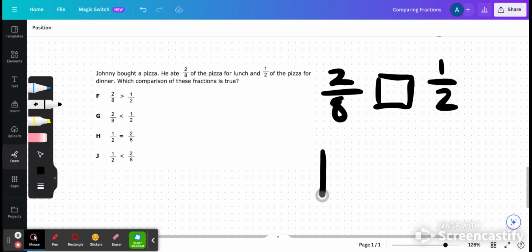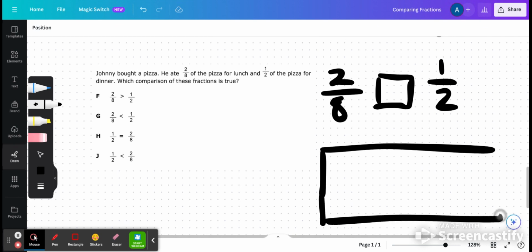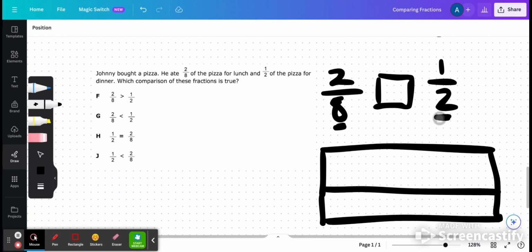So we're going to draw our model. We're going to draw our large fraction bar, divide it in half. One of the things I notice is the denominators, halves and eighths, are in the same fraction family. So when I'm partitioning my bars, I can do this for both of them.